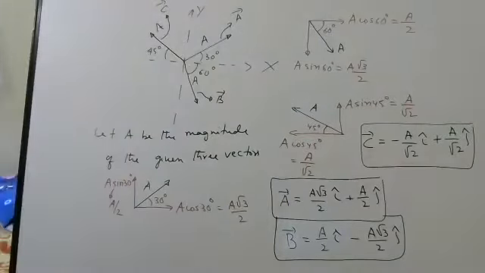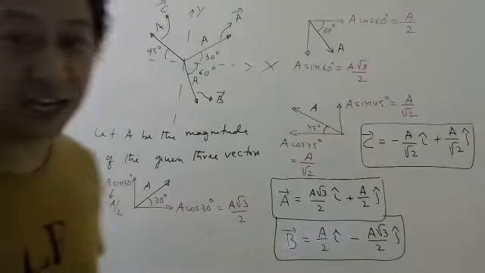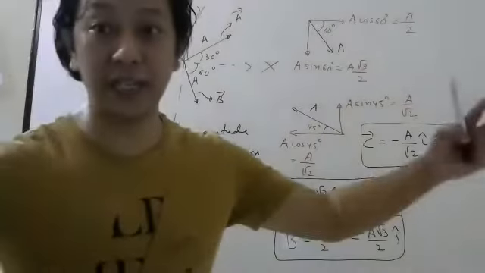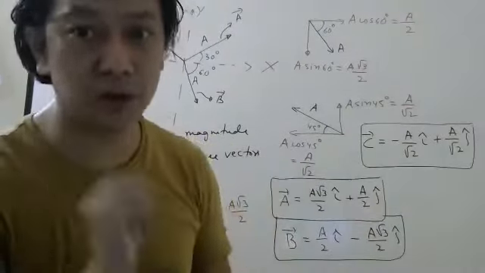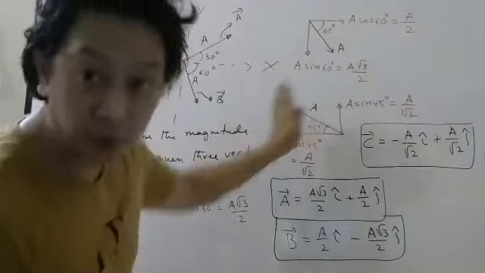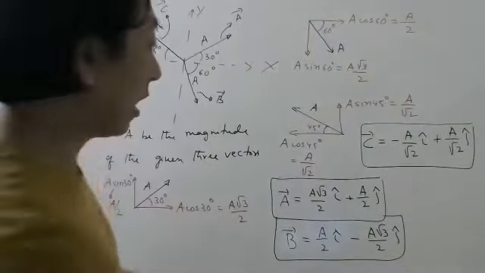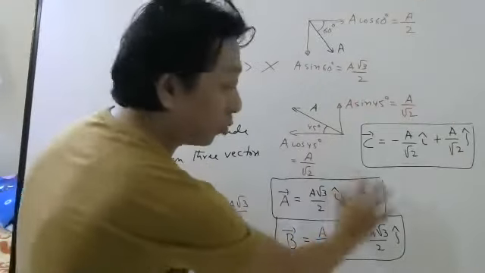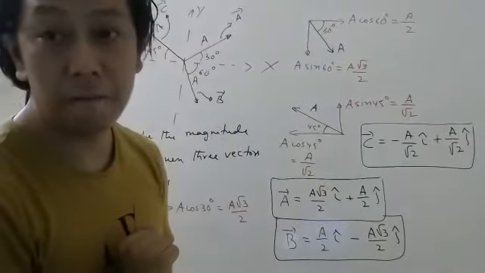Now I will see what they want. Don't worry that it is so lengthy. What you should concentrate on is how we are taking components, and how to write a vector in component form. Give importance to those things.